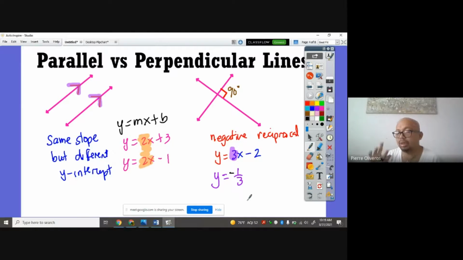Remember, the sign has to be opposite. So the negative reciprocal of 3 is negative 1/3, then x, and any number there, let's say plus 5. It doesn't matter, because if this line is perpendicular to that line, then even if I put it here, it's still going to be perpendicular no matter what. So the y-intercept has no bearing at all. We just have to know that the slopes are negative reciprocals of each other.